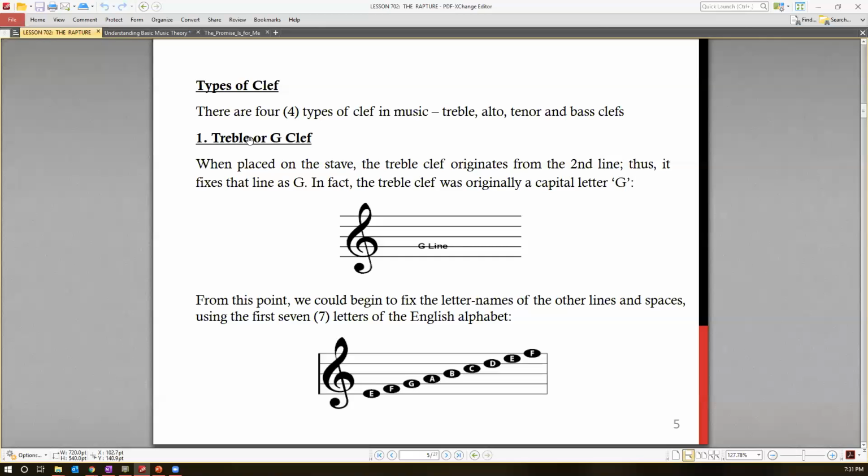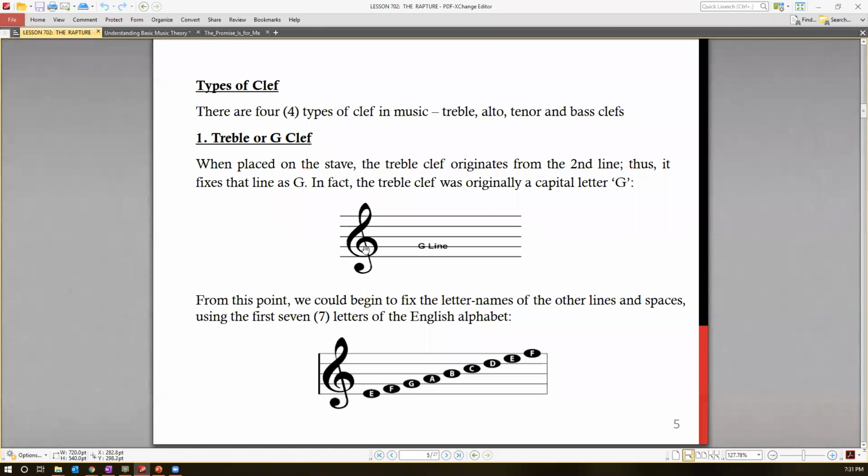So the treble clef, or G clef, when placed on the staff, originates from the second line, thus it fixes that line as G. In fact, the treble clef was originally a capital G, but subsequently we changed it and now we have this symbol.